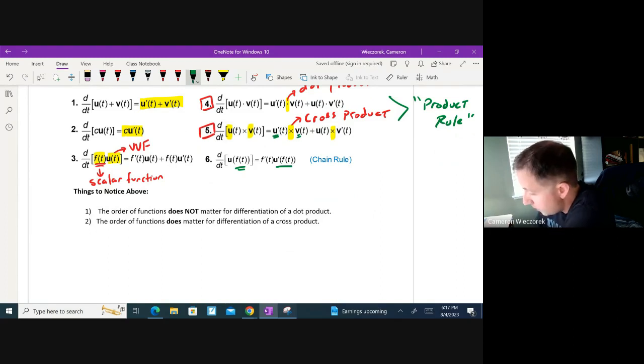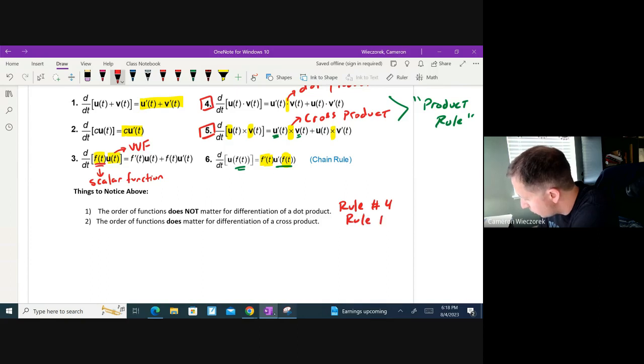Then you have to multiply by the derivative of the function inside. Well, the function inside is the scalar function, so I'd have to multiply this entire vector by f prime of t.